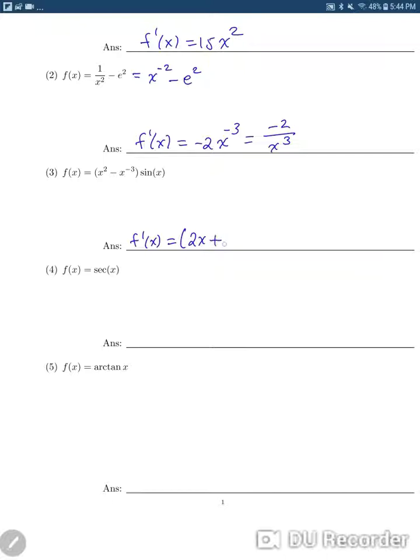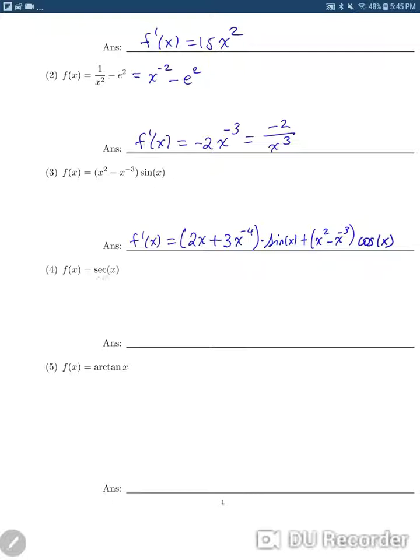So then I'll write it as plus 3x to the negative 4, times the second, plus the first function, x squared minus x to the negative 3, times the derivative of the second, which is cosine of x.